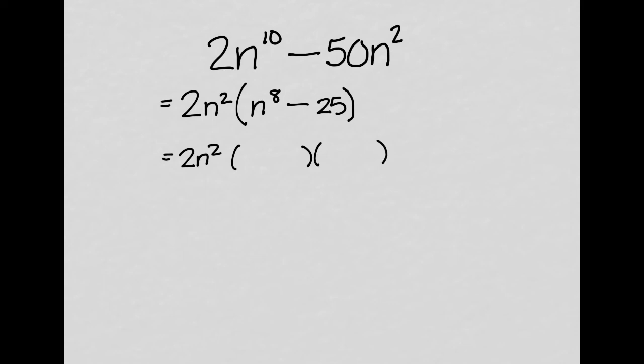Now this is a difference of squares. So we know it's 5 and 5, one plus, one minus. But now you take half of the exponent, which would be 4. So n to the 4th, n to the 4th. Now because you can split this one in half, and it's a subtract, you have to look here and see if that is a square.